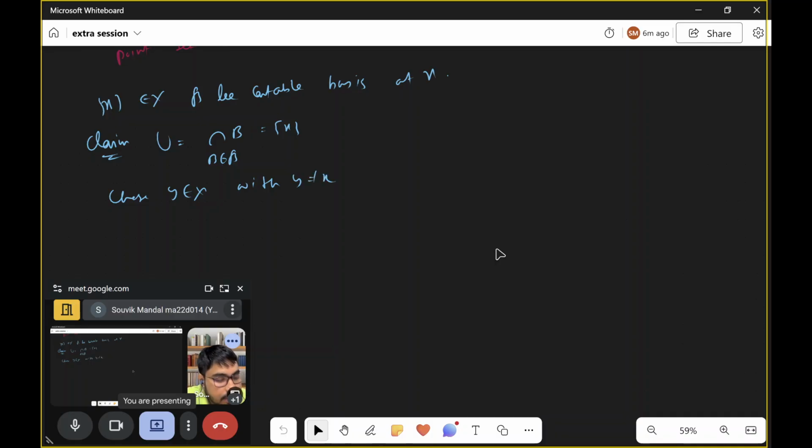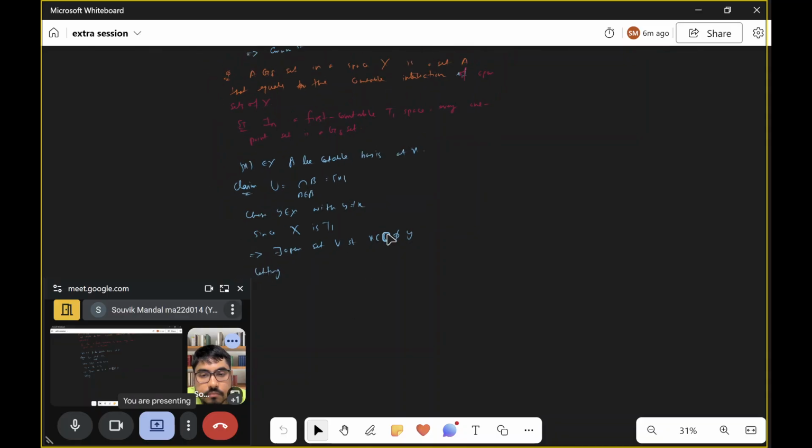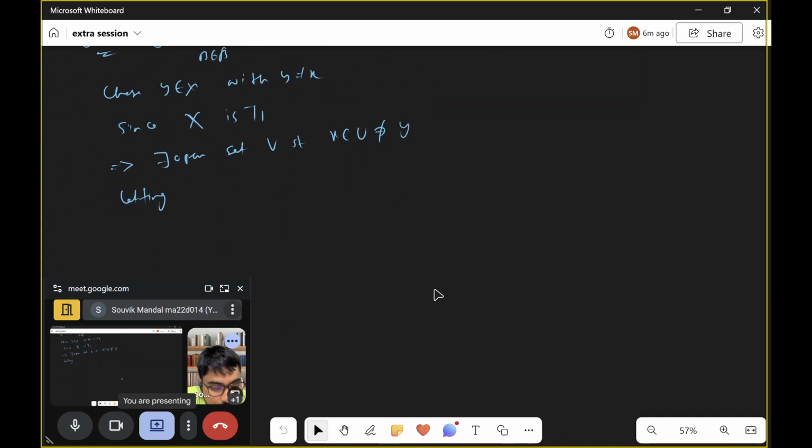Now since X is T1, there exists an open set U such that x belongs to U and y does not belong to U. Letting b be a basis element such that x belongs to b subset of U, we see that y does not belong to b.